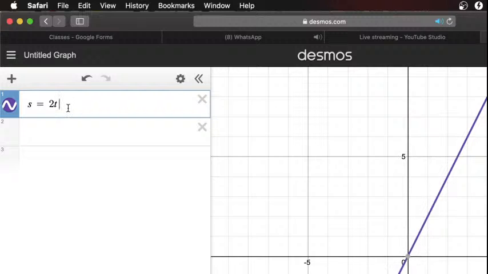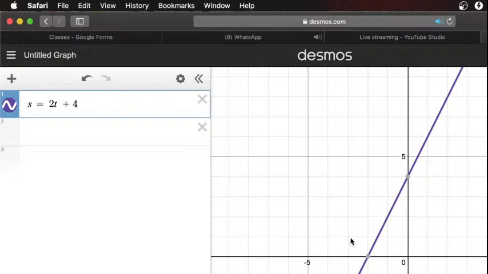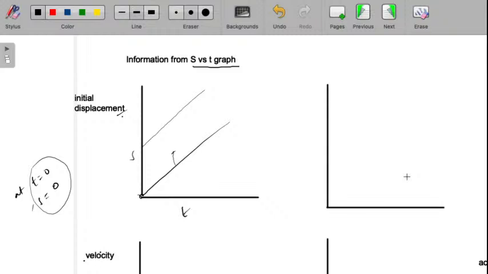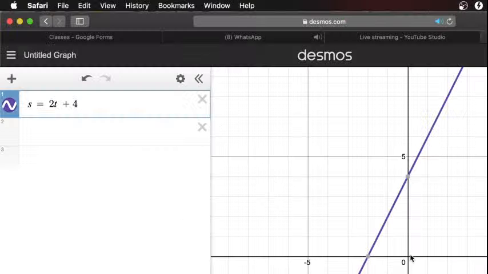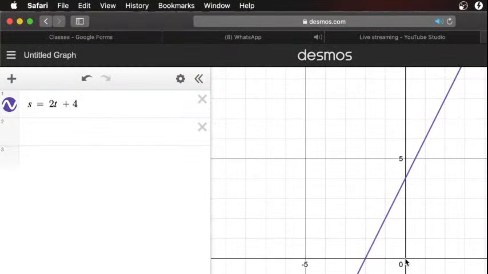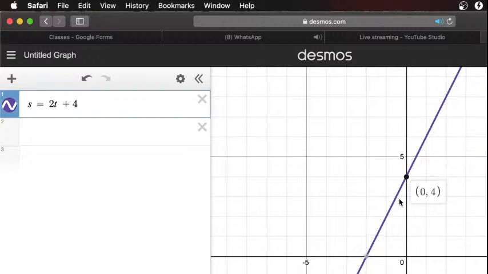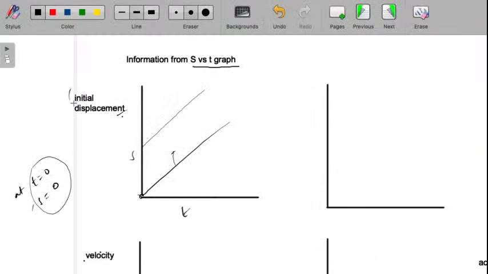But if I have s equals 2t plus 4, now that's like the transformation of this graph. It has to slide upwards by 4 units. 0, comma 4 is its starting point. So that means basically the initial value at t equals 0 has changed from 0 to 4. Correct? That is the initial displacement. That means at t equals 0, the object is not at the origin, right?